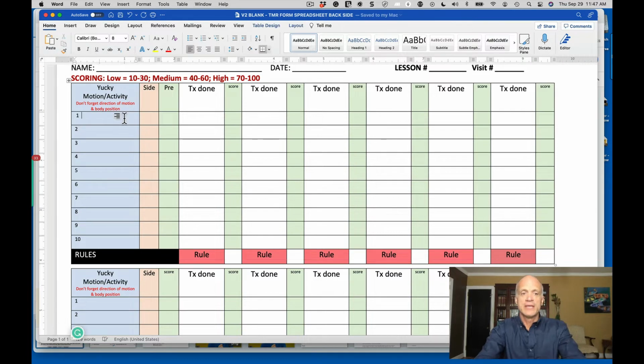But watch what happens here. So let's just say we test the body. And I don't care whether it's being done manually, like through joint play, or whether it's being done through self-generated motion, which is what we teach a lot in the TMR. But let's say we have an arm raise, and it's the right side that's the bad one, and it's a 70. We're going to write down everything that's yucky. And let's say a twist is the left side, and it's a 55.